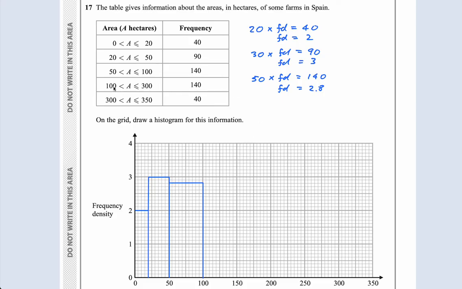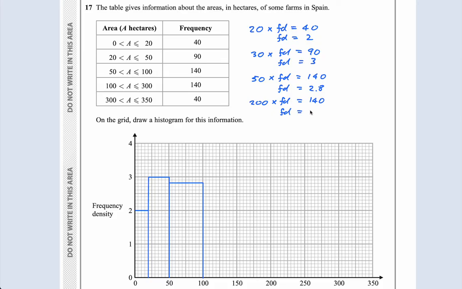Okay, nearly done. Now 100 to 300, the length at the bottom, the base, is going to be 200. 100 to 300 is 200. So 200 times the frequency density equals 140.